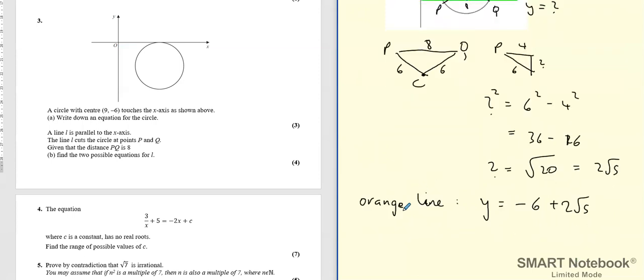And the green line goes further down, so it's going to start at -6, but we are going to subtract 2 root 5. And there we have the equations for the line L.